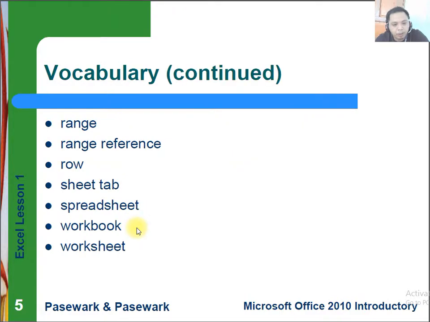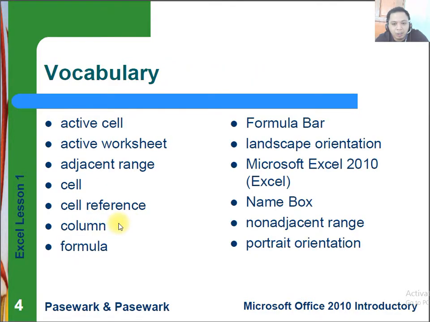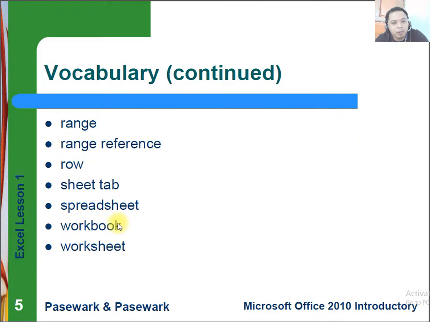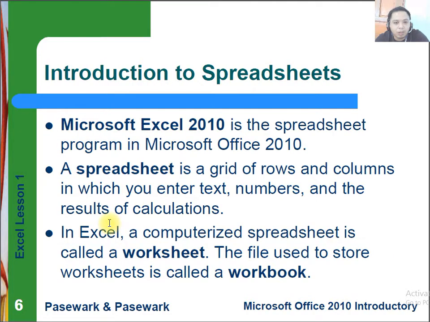Okay, so mamaya during the lesson, during the discussion, malalaman nyo yung mga meaning ng bawat isa dyan. Okay, or you can search na ngayon, diba? Mag-research kayo ng sarili ninyo, pwede rin yun. Okay, next one. Okay, ito na, introduction to spreadsheets.